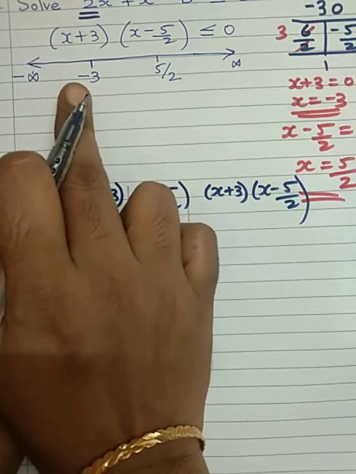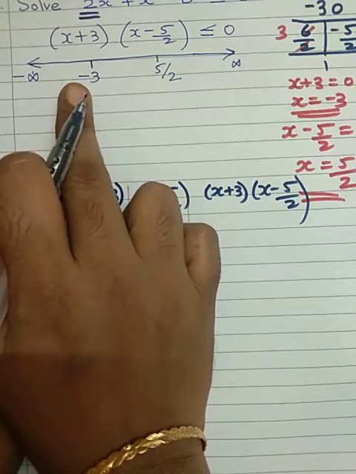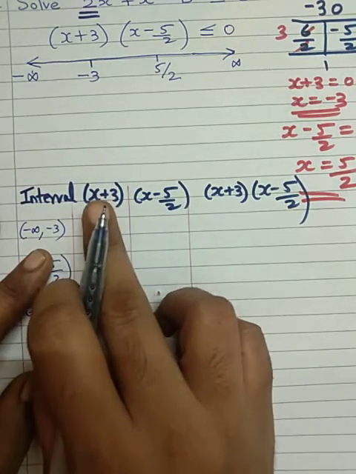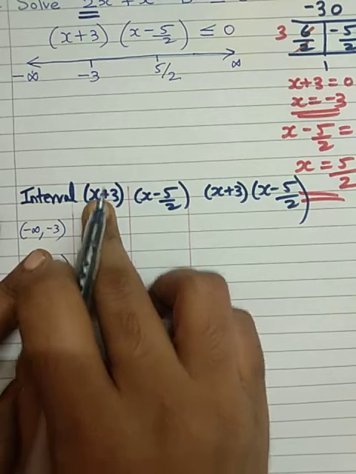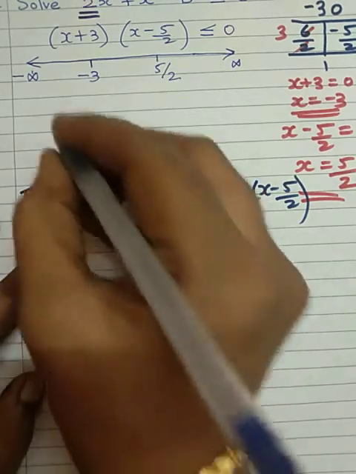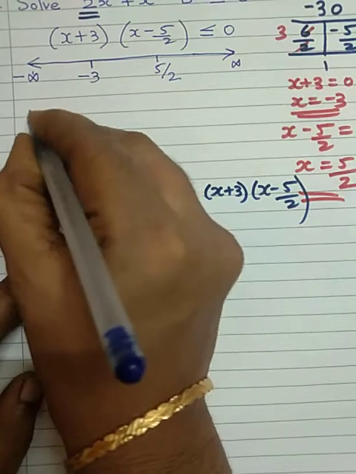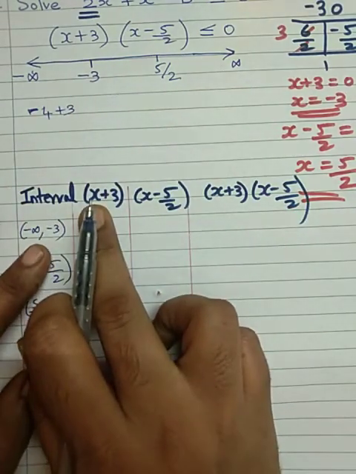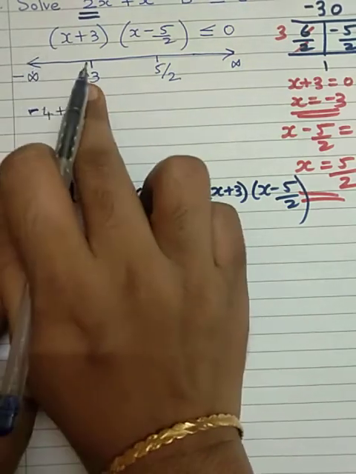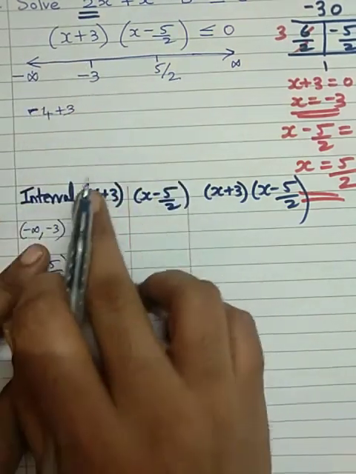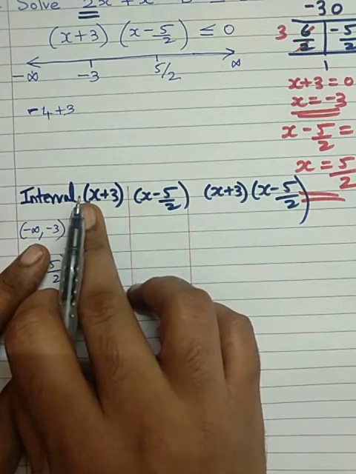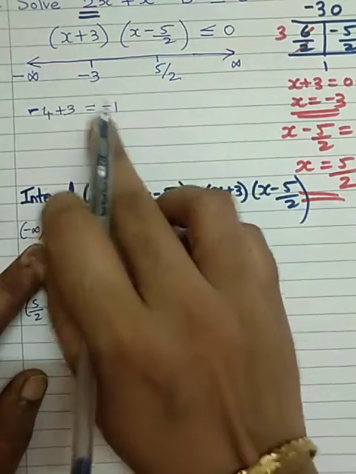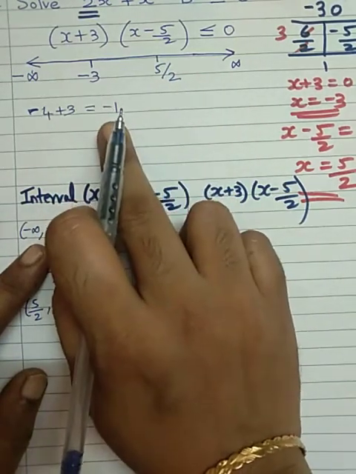Let me select −4 and substitute it where x is there. This is rough work: −4 + 3. I have selected −4, between −∞ and −3, and substituting −4 for x, −4 + 3 gives −1. For us, the exact answer is not important.